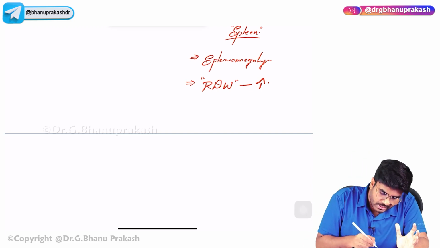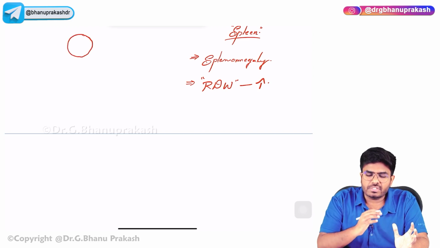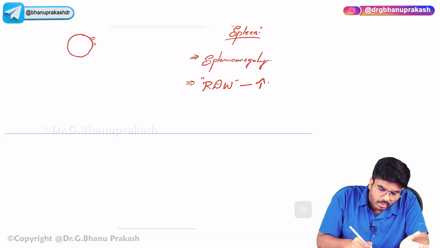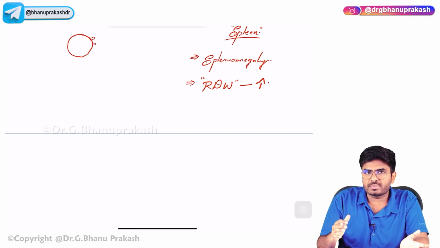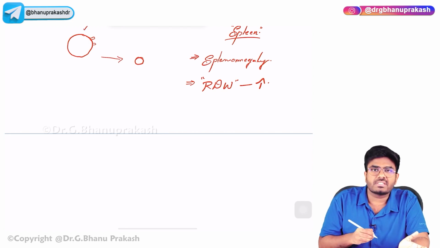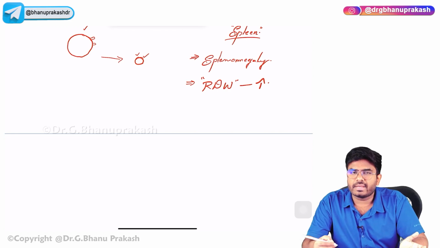Imagine this is a younger RBC which is losing its cell membrane and becomes round. With time more and more blebs will come, and those blebs will be removed by the splenic macrophages. So at the end of the day the RBC size will decrease. So in the circulation you will see bigger, younger RBCs and smaller RBCs. So the red blood cell distribution width is going to be greatly increased.